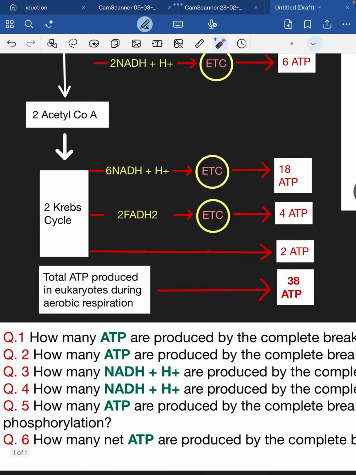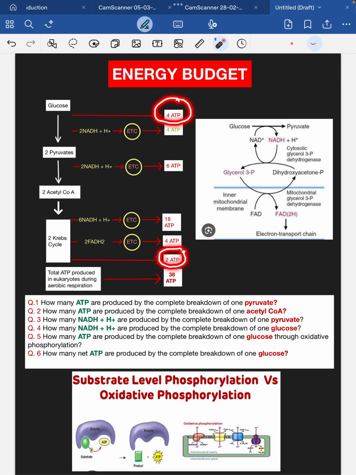So these 4 ATP produced during glycolysis and these 2 ATP produced during the Krebs cycle are produced as a result of substrate level phosphorylation, because no electron transport chain is involved in it.